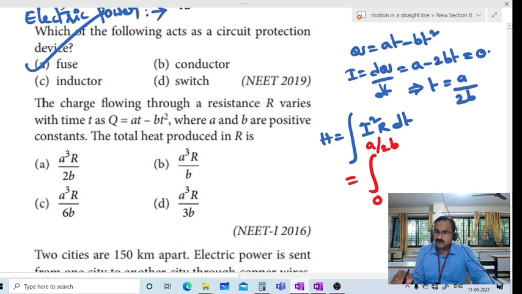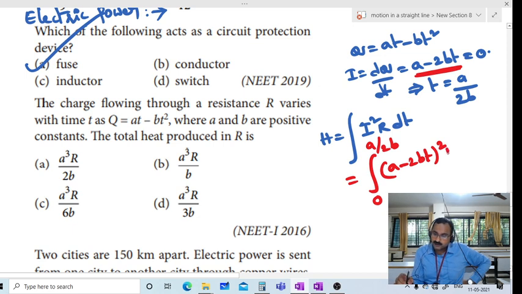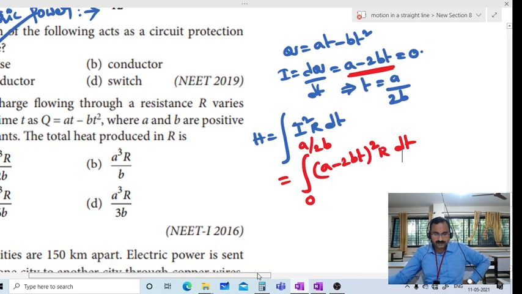The I value we got is A minus 2BT. To calculate that, we take the maximum condition, make it 0, then we get the time limit also. That's why A minus 2BT whole square into R dt. This is a little bit of calculation, so focus carefully on how we are solving that.